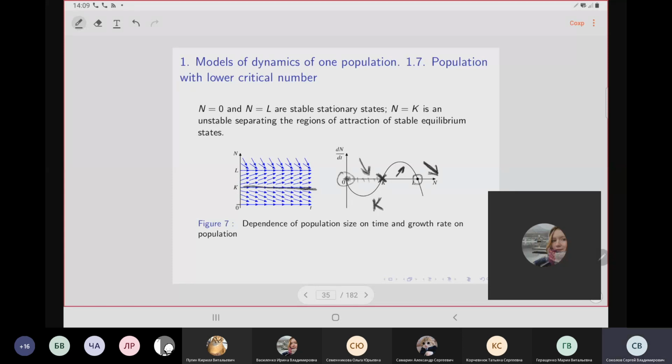So we have to interact. For example, if the population can be saved in a zoo with some human aid. So the species are fed, the species are cured, and so on. We are trying to do anything to save the population.